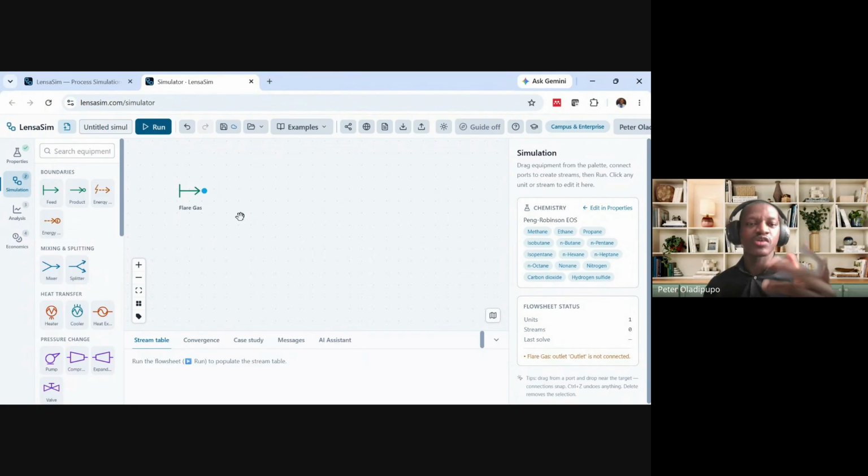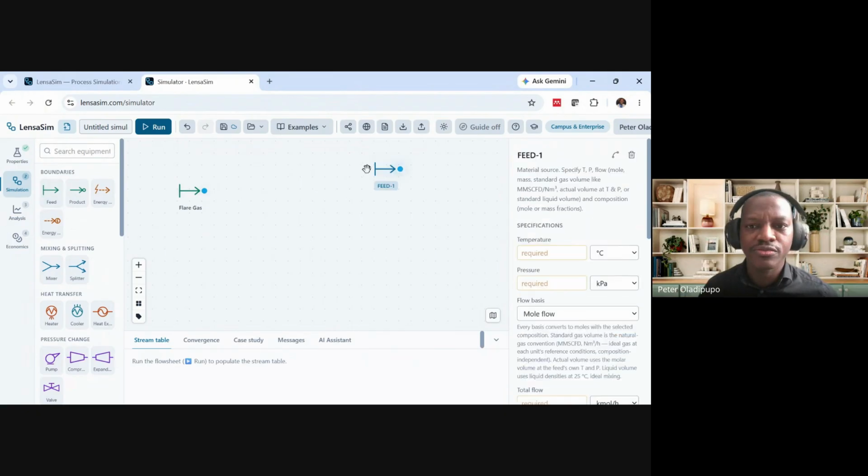So what we're going to do is specify those additional streams and then mix them together to form the realistic flare gas as it will be entering the process. So we'll be specifying two more feed streams.